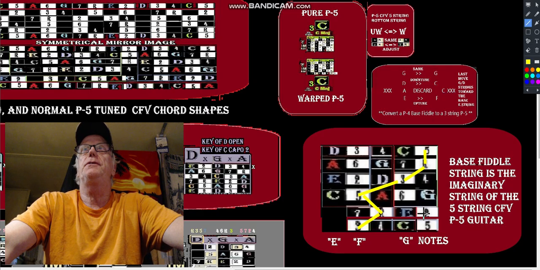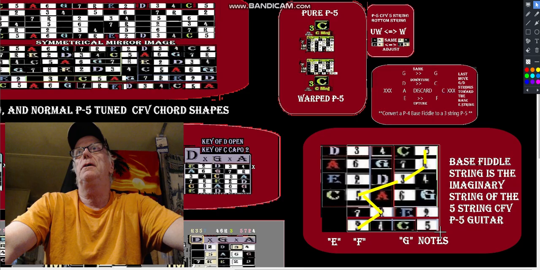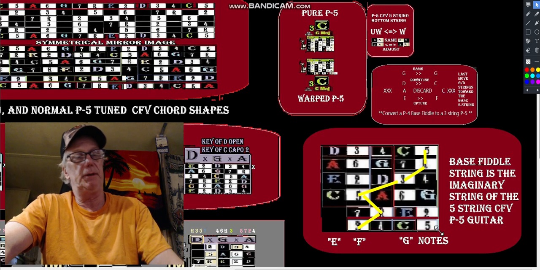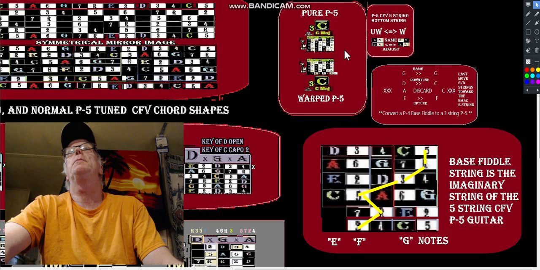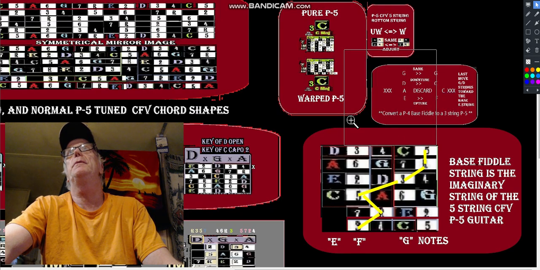As you know, this is a C chord. If we were to just take this shape here, copy it, and then I'm going to put it right over here. Now I can adjust the size of this square, so don't panic. This is easy, but you can't do it in Paint.